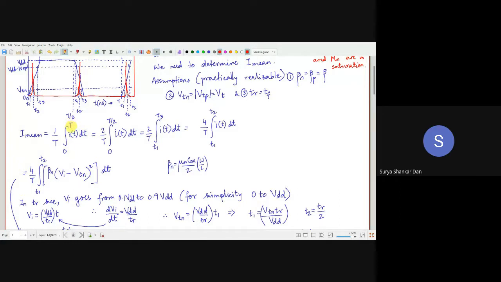Now notice that your time period starts from here until the beginning of the Vi starting over here. This is your total time period. Makes sense? So this is where I have drawn.